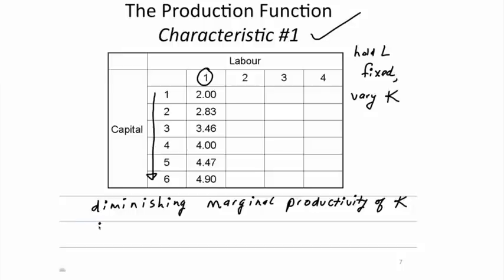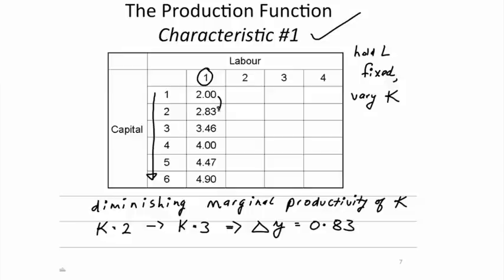What does this mean? Suppose we start with capital equal to 2, so we have 2 units of capital, and then we vary it. We increase it to 3 units of capital. From the table, you can see that there will be a change, and I'll use the Greek letter capital delta, my shorthand notation for change, there's going to be a change in GDP in this case equal to 0.83.